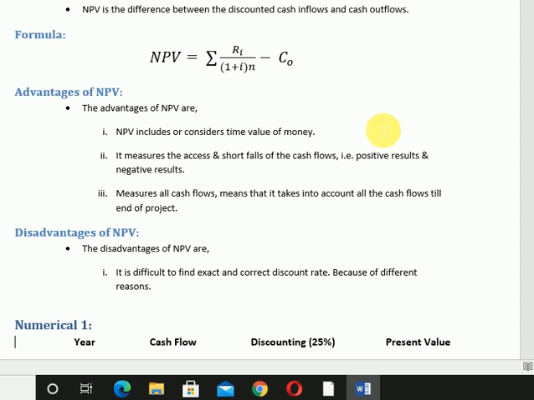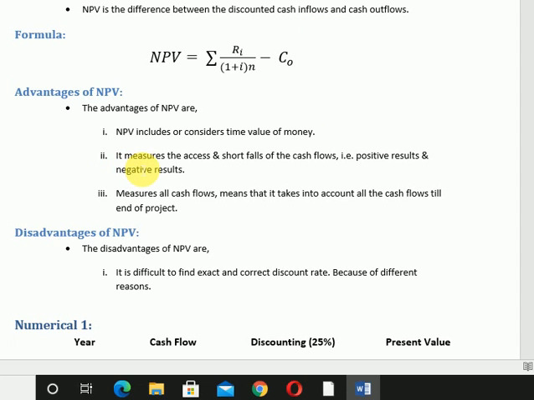In the payback period we were not considering the time value of money, so that was the disadvantage of the payback period. But here in the net present value technique, the project manager considers the time value of money. So that is the advantage of the NPV.